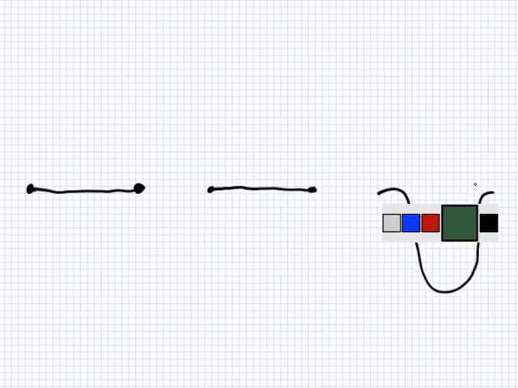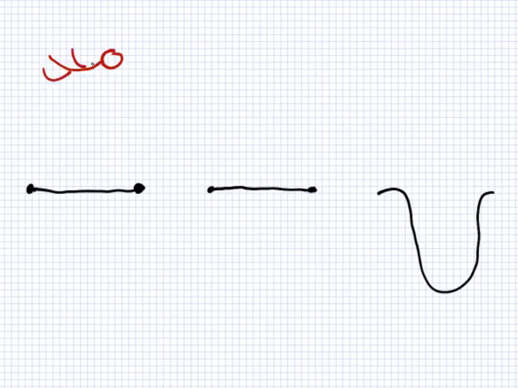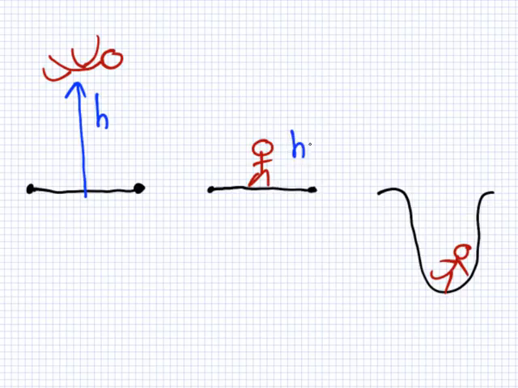Look, let me try and draw this here. There are 3 situations. In the first situation, the h is positive. Here the h is 0, and here the h is negative.